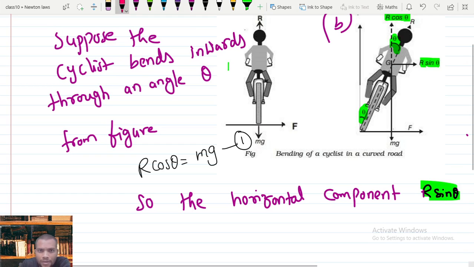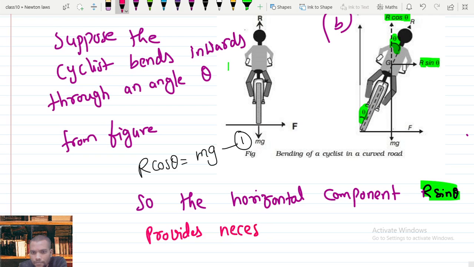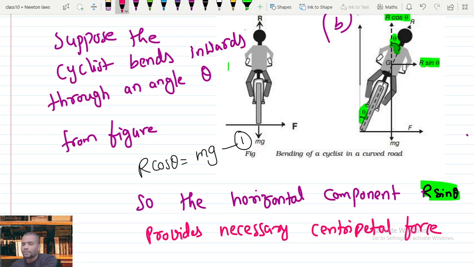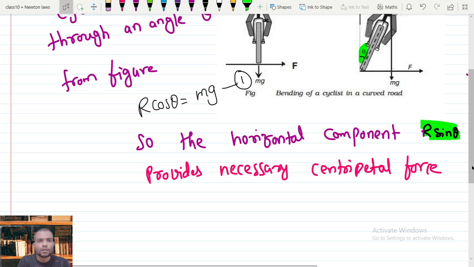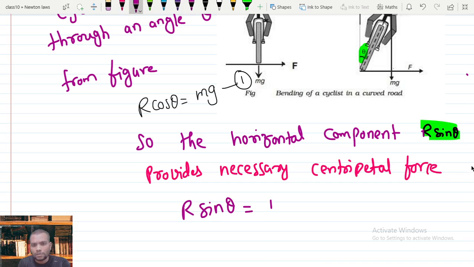So if we make the horizontal components equal, the equation becomes R sin theta equal to mv square by r. This is equation 2, the expression for centripetal force.